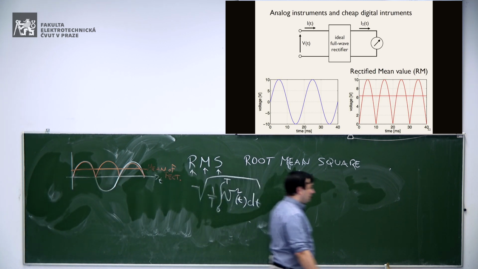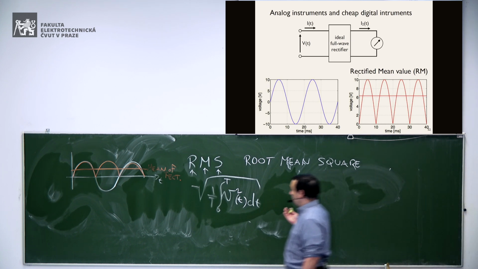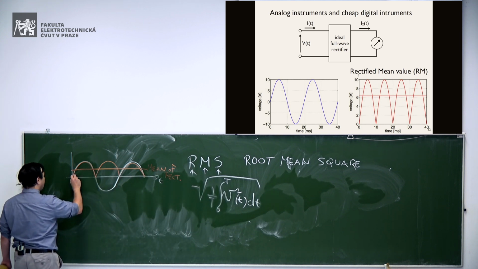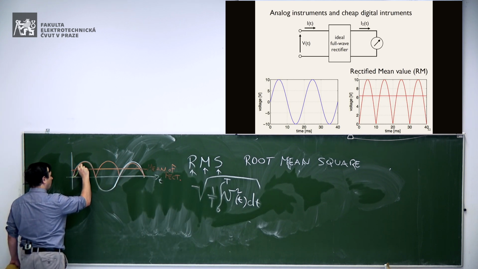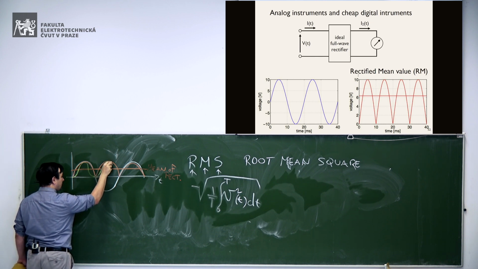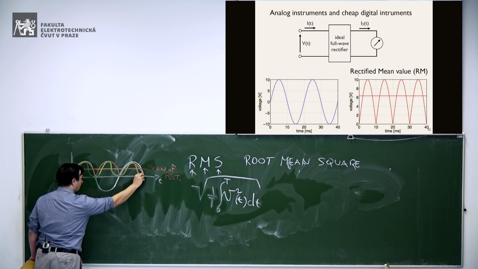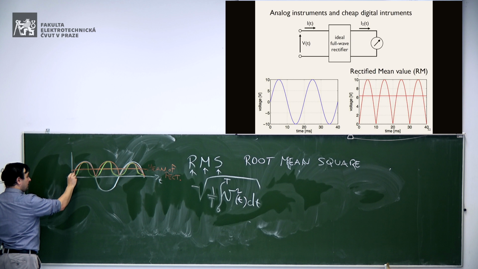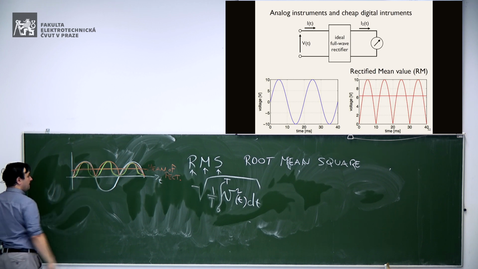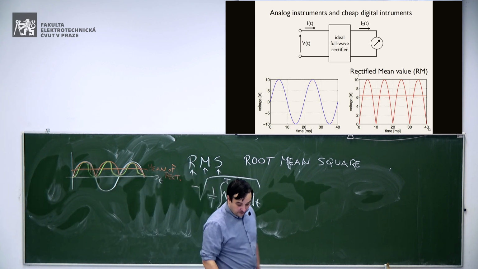Because the RMS is based on the square, not on the absolute value of the voltage. The square of a sine is something like that, which is different. You see, there's this whole difference between these two signals. But we know how much this difference is.